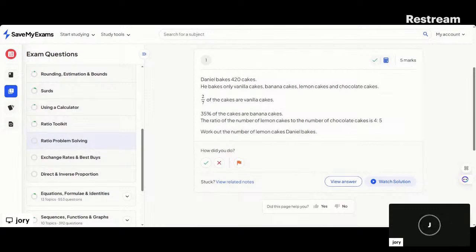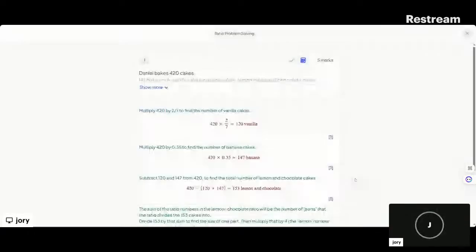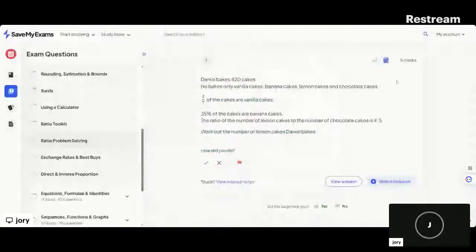Now the rest, so 420 minus 120 minus 147, the 153 that are left, are divided into 9 parts, which is 4 plus 5. 4 of those parts are lemon, and 5 of those parts are chocolate. So you divide this number by 9, and then multiply it by 4 to find the number of lemon cakes. 68 lemon cakes. Yay. Okay, these are easy.